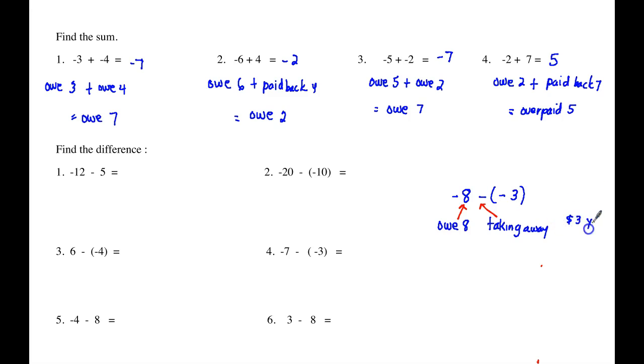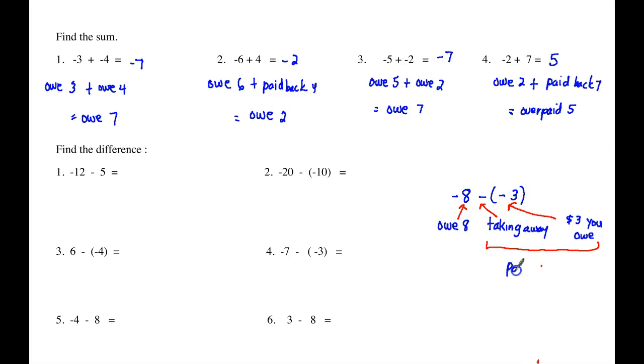Negative 3. So taking away $3 that you owe. $3 you owe, because that's negative 3, right? So think about it. If you're taking away part of the money that you owe, that means you're paying back, right?